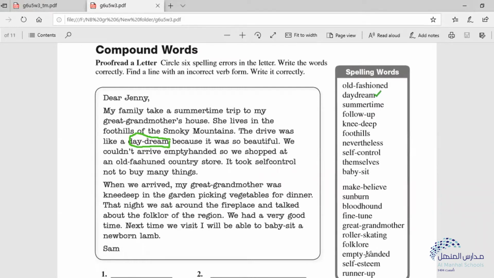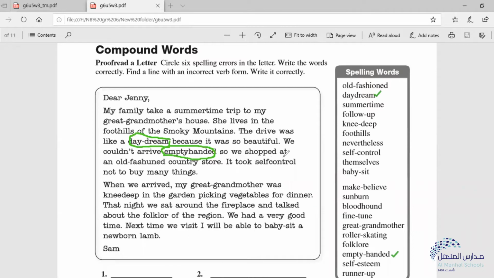Empty-handed with a hyphen. Here it is empty-handed without a hyphen, so this is wrong. Here we are writing it without a space. So you circle this one. Circle empty-handed, and don't forget to write it correctly on the line. Good. So let's continue.